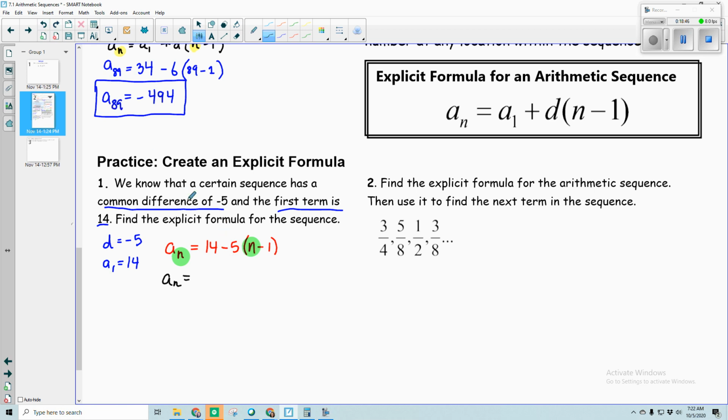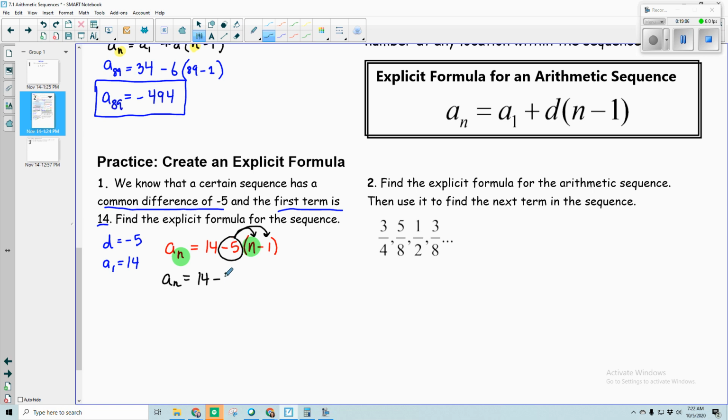Don't do that, because in the order of operations, the first thing you have to do is take this -5 and distribute it to both of these terms. So do not add or subtract these two numbers together. Make sure you distribute d first.